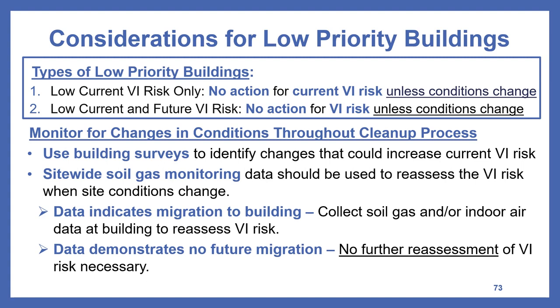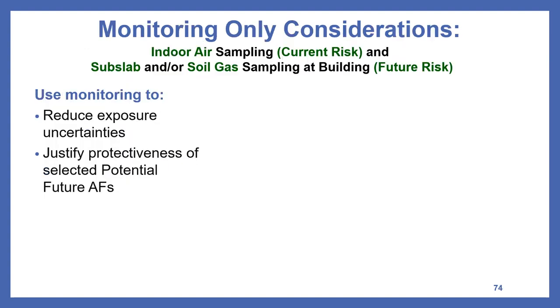And so in that case, you would decide that there's no further reassessment of VI risk at that building, and you'd want to have that determination for all the buildings before you get closure for the site.